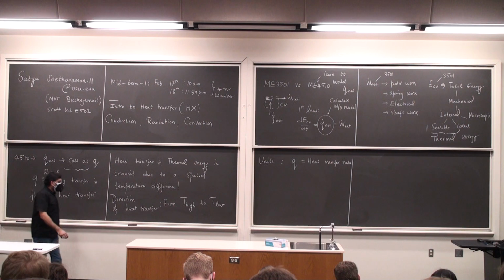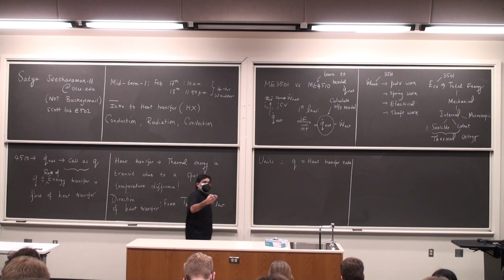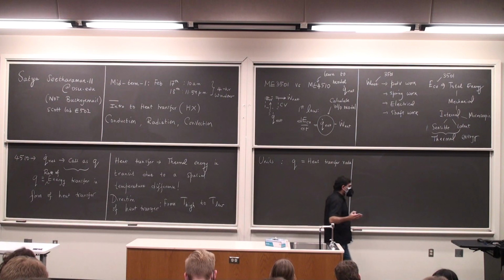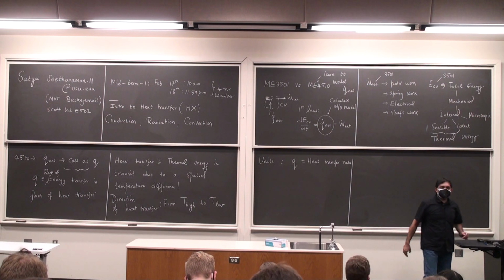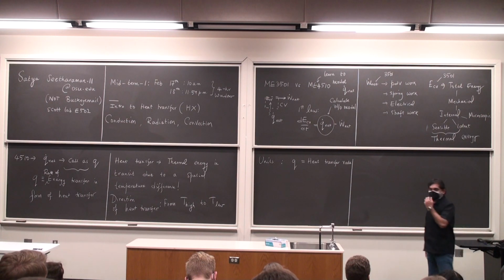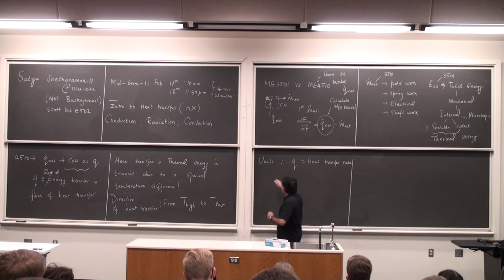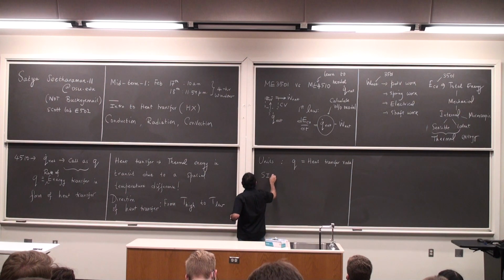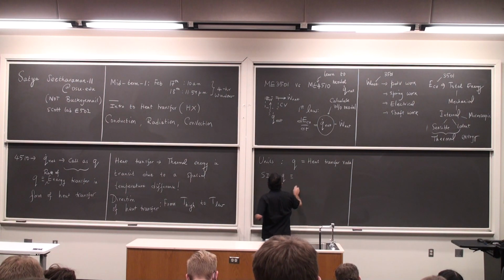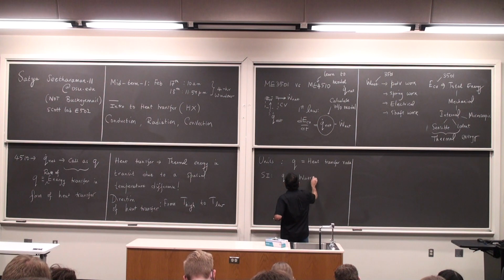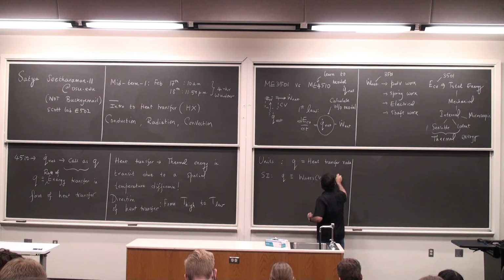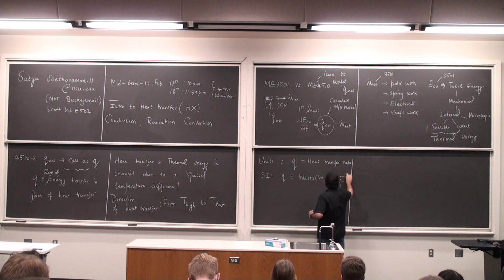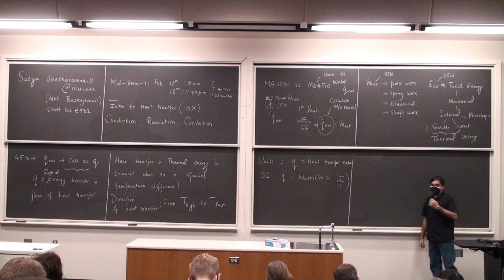That's Q. It's energy per time. Energy is in units of joules. Time, seconds. So this is going to be in watts. SI system. One joule per one second.